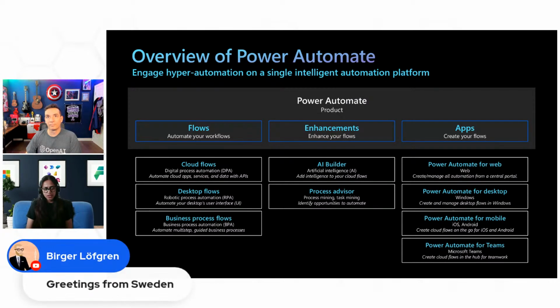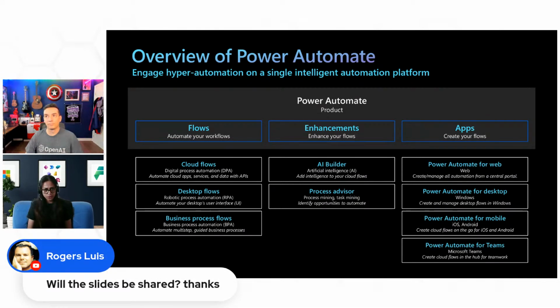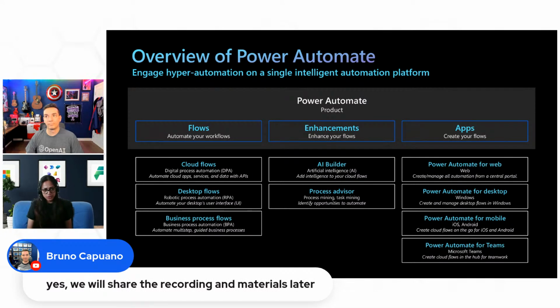Power Automate is not just by itself. As I've said, all of these tools work very well with each other, and you can enhance your flows with AI Builder and, more recently, Process Advisor as well. And how to access Power Automate. There are those 5 options listed there. Our web browsers will be our primary tools for development.